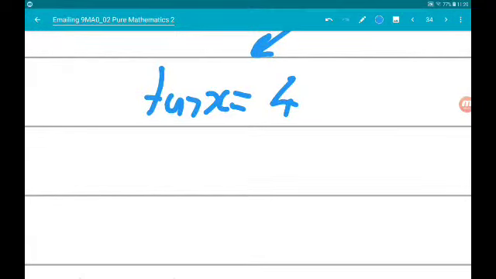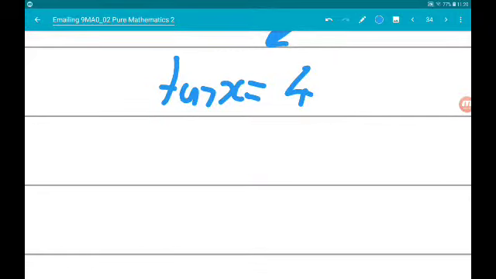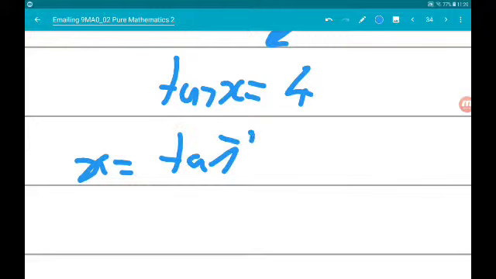So we get our first solution by doing x is the inverse tan of 4. Now that is going to give us, remember to put your calculator in radians, 1.326.